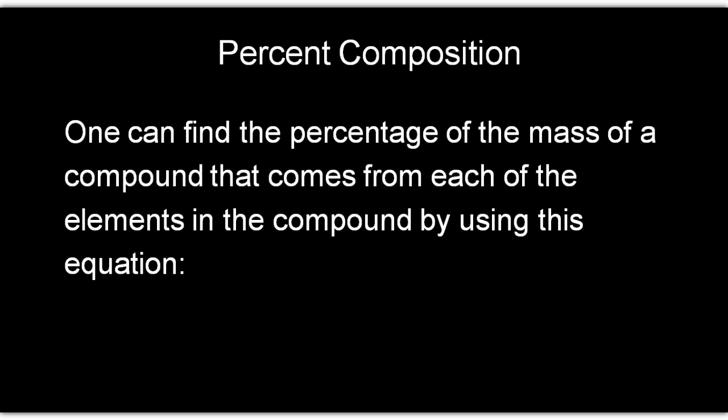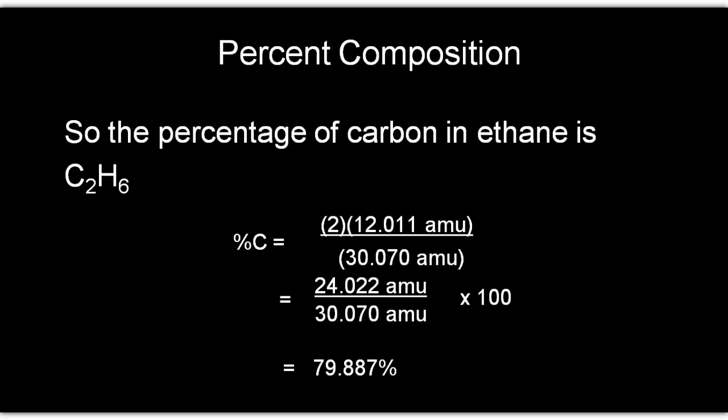Percent composition is if we want to know how much of a particular atom is in the entire molecule. So here's an example of that for ethane. Again, carbon weighs 12 AMUs or grams, and hydrogen weighs simply 1. So if we're looking at the part of the whole, there are 2 of the carbons, so we're going to do the math on that, which turns out to be 24.